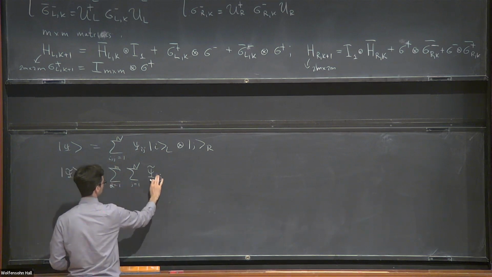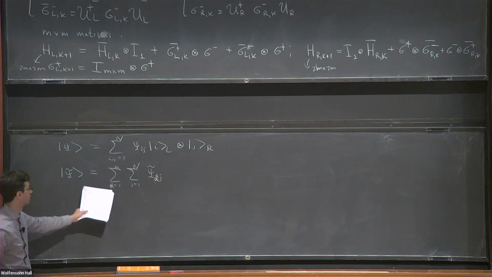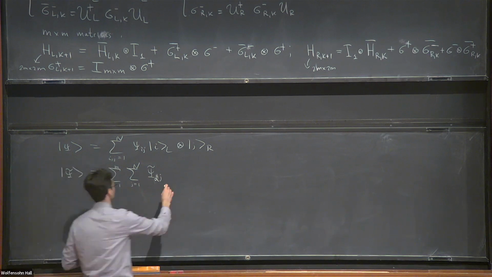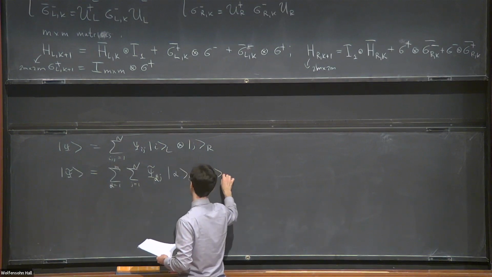Let me call this index alpha, where alpha now goes from 1 to m, sort of truncated, so alpha is much less than i, |alpha>_L |j>_R.